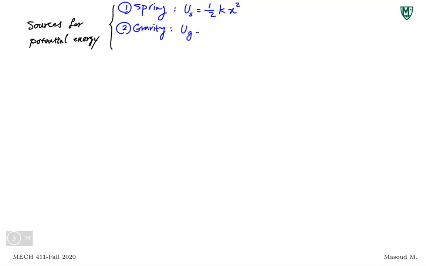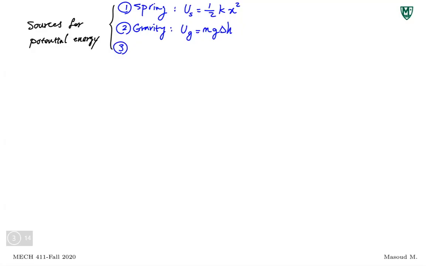We show that with UG, and it's going to be mg delta H. Delta H is the change in height of the system, m the mass, g the acceleration due to gravity. I'm not going to define those terms. We are just reviewing these. We talked about these when we were talking about the energy method.